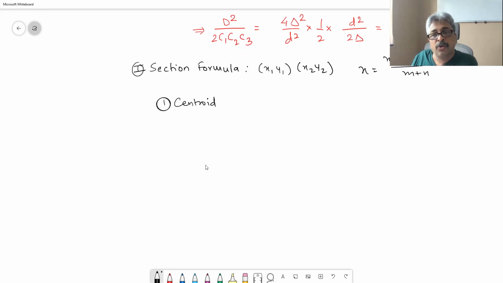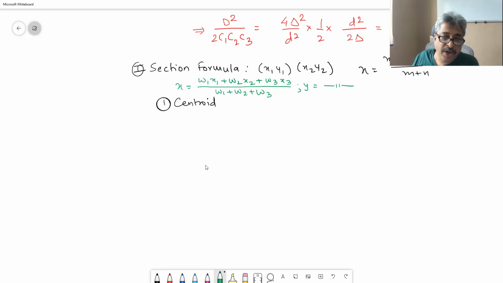Okay, so maybe let me write down the master formula. x is equal to weightage 1 times x1 plus weightage 2 times x2 plus weightage 3 times x3, divided by weightage 1 plus weightage 2 plus weightage 3, and y is similar.